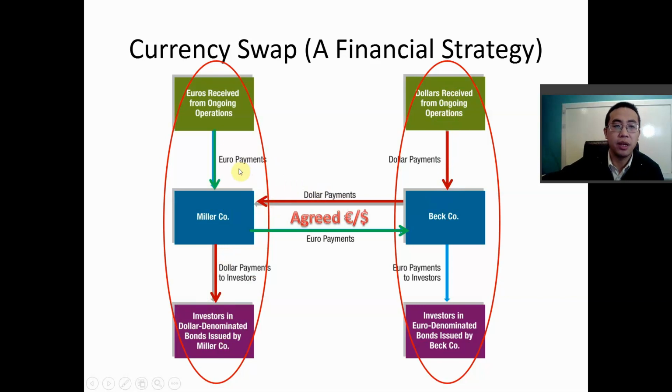And when the American company receives euros from its European operation, these euros will be paid to the Bach company, the German company, which will pay them to their German investors. So there's no exchange with the banks, only exchange among themselves. That's how the currency swap comes into place.